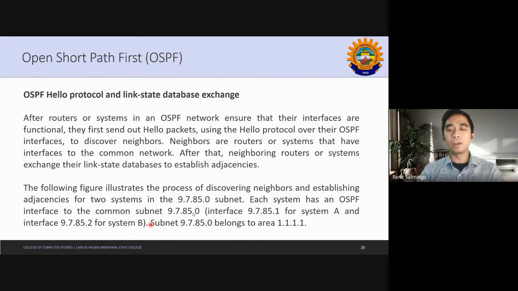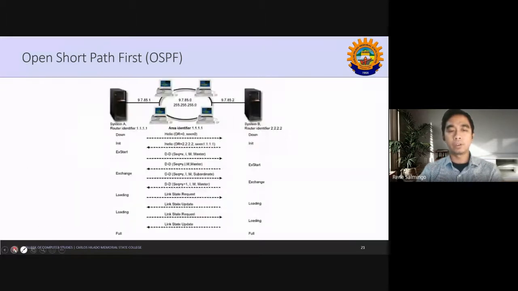This can be seen in the next slide. Here in OSPF, we have system A with router identifier 1.1.1.1, and system B with router identifier 2.2.2.2.